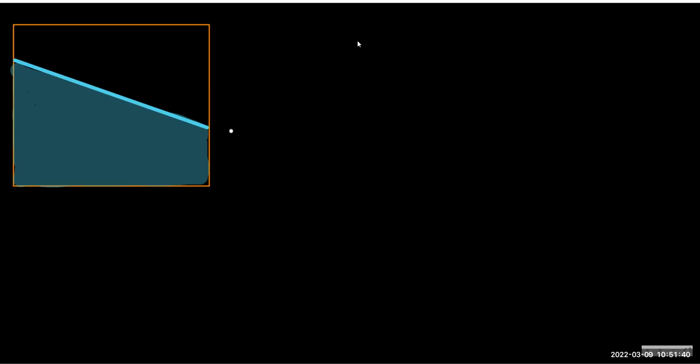Okay, so let's try to analyze why this is the case. If we have the capsule that we had drawn earlier, look at the vertical length of the capsule, like how much water level is here.